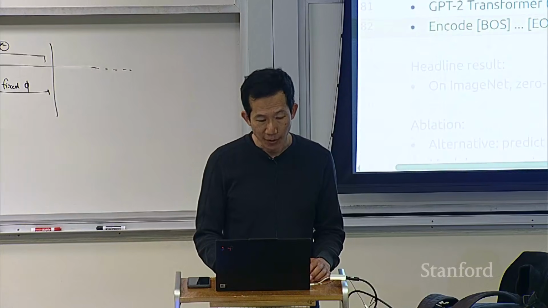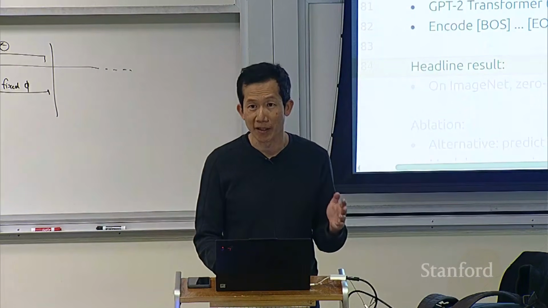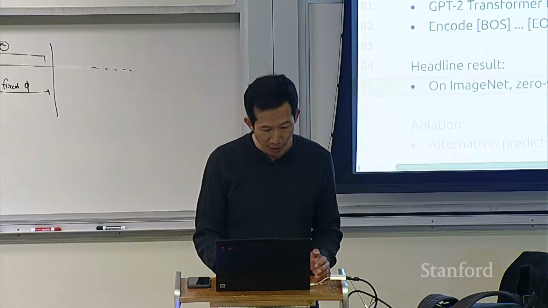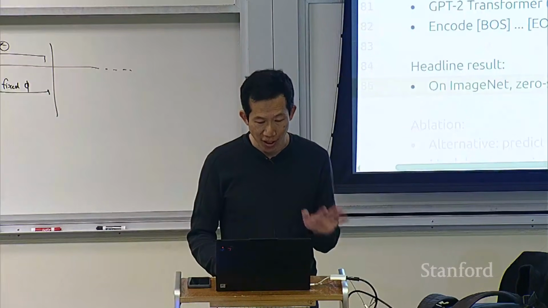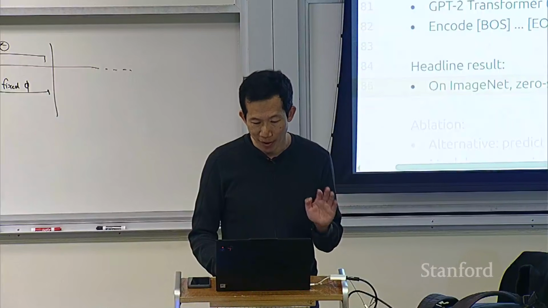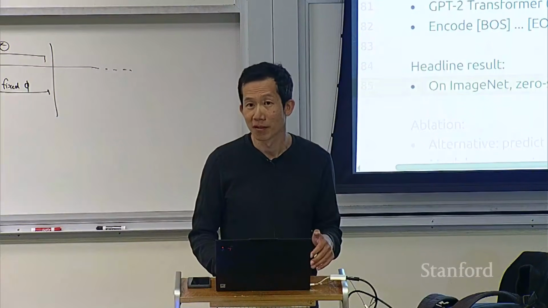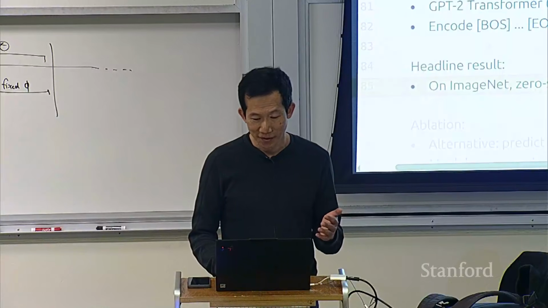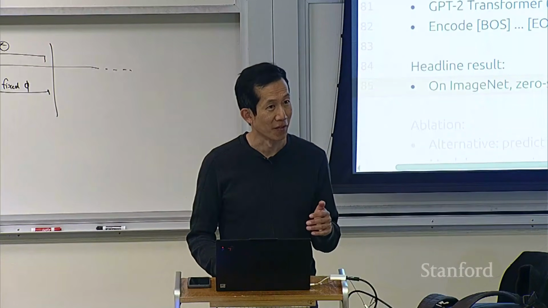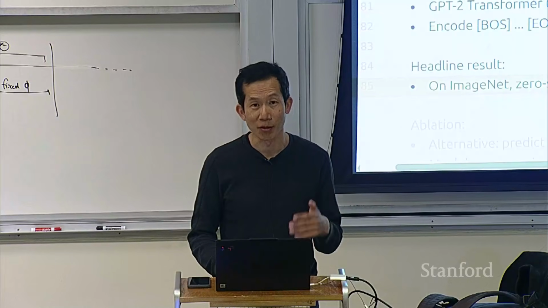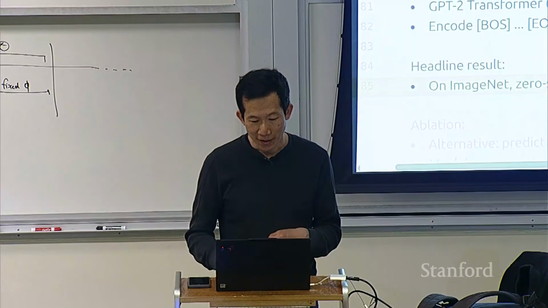Okay, so the headline result, which got a lot of people excited about CLIP back in 2021, is that on the ImageNet benchmark, zero-shot CLIP outperformed a ResNet that was trained on 1.2 million ImageNet images. If you think about this, 1.2 million ImageNet images was many, many hours of Amazon Mechanical Turk worker time to do the annotation.